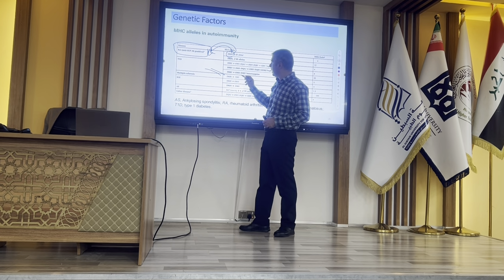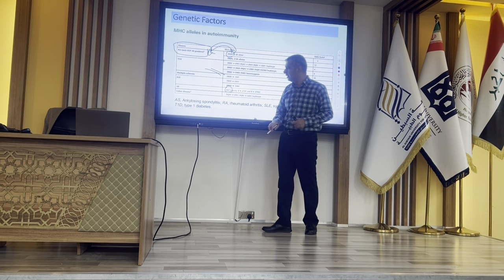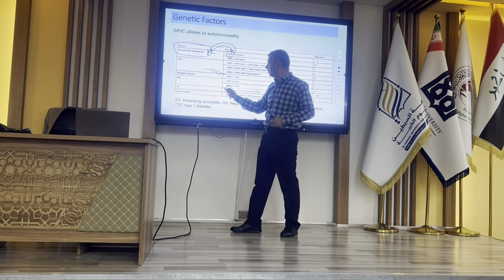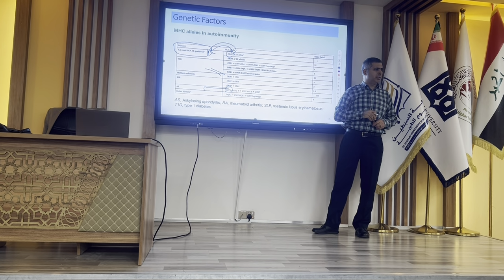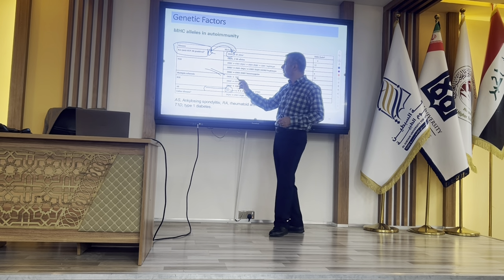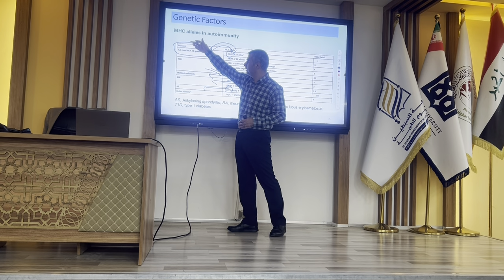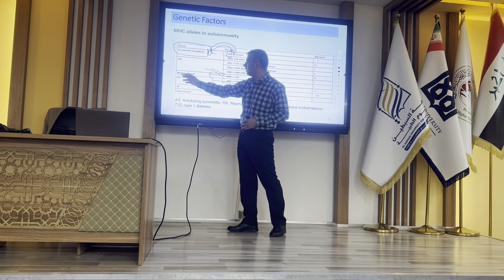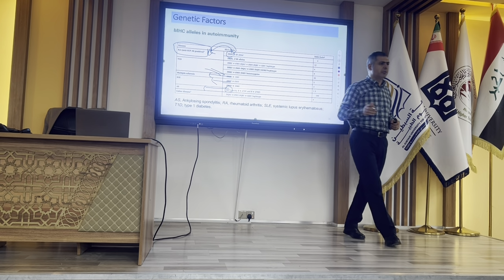Or if a person has, for example, HLA-B27, they have a higher risk to develop ankylosing spondylitis, another autoimmune disease. So we have different alleles of HLA, each related to different autoimmune diseases, including diabetes, rheumatoid arthritis, multiple sclerosis, lupus, ankylosing spondylitis, and many others.